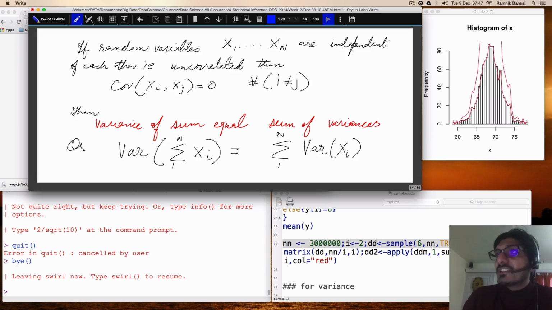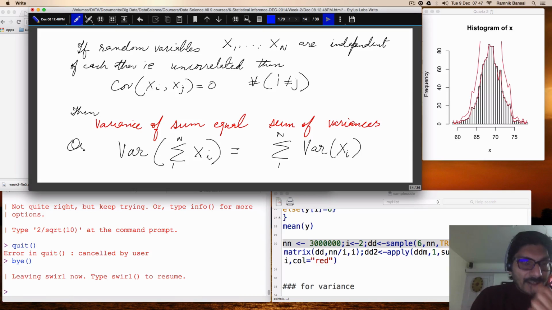Normally, whenever we are talking about variance, we're talking about random variables. My x1 to xn are independent of each other if they are uncorrelated. When I take one sample and then take another sample, the other sample will also be from the same population, and let's say it is with replacement, then the new sample has no dependence on the old sample.